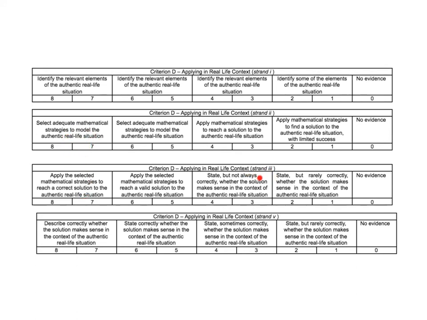And then strand 3, apply the selected mathematical strategies to reach a correct solution. And then the last one is strand 5 that we'll be assessing you on. And are you able to describe correctly whether the solution makes sense in the context of the authentic real life situation?